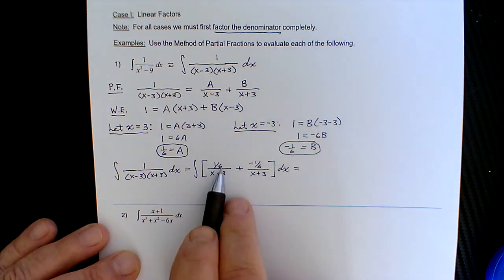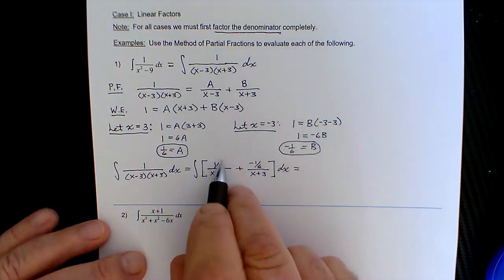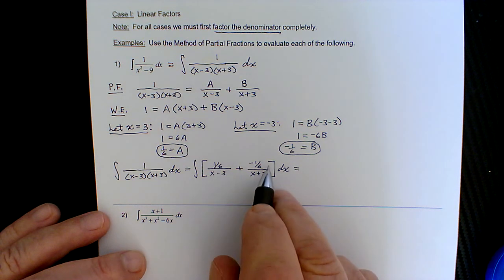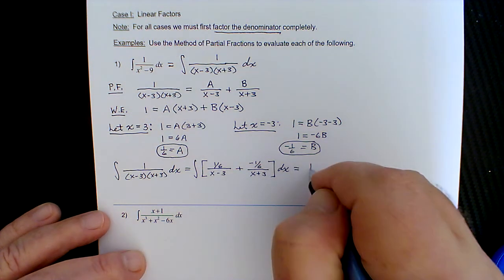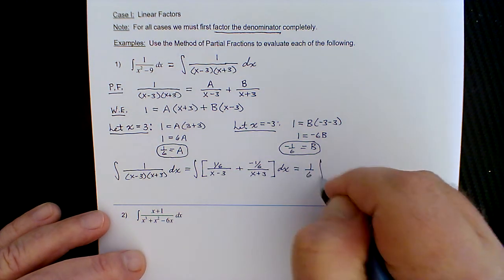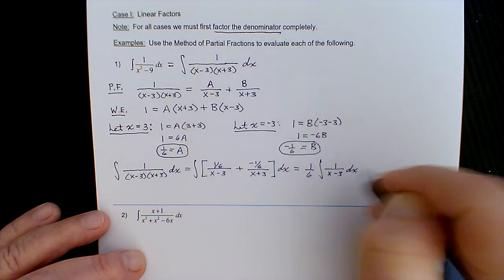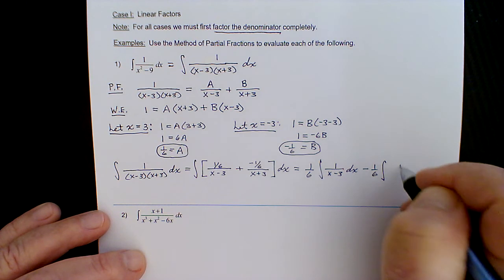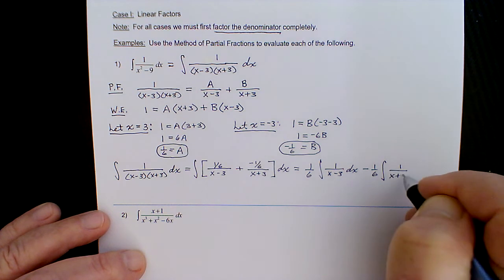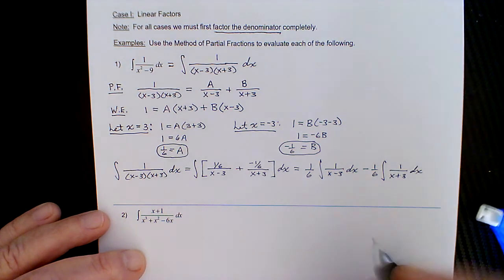And then to make things simpler, let's separate this into two integrals and at the same time factor out these constant multiples. So we have 1/6 integral 1 over x minus 3 with respect to x, and then minus 1/6 the integral of 1 over x plus 3 with respect to x.